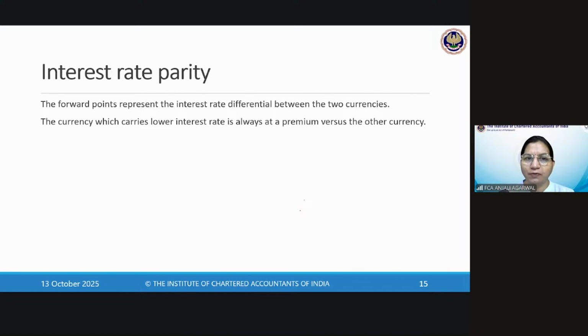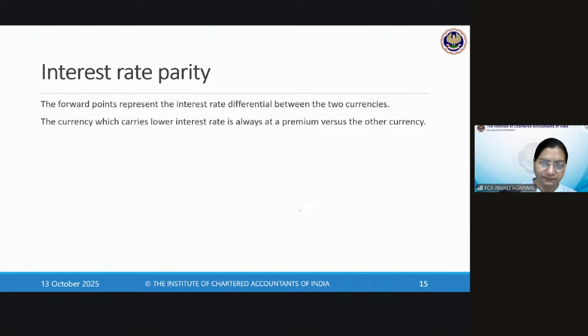So the forward points represent the interest rate differential between the two currencies, and you will witness that the currency where the interest rates are lower, that currency will always be at premium. Why? To compensate the lost interest in the form of increase in exchange rate versus the other currency.